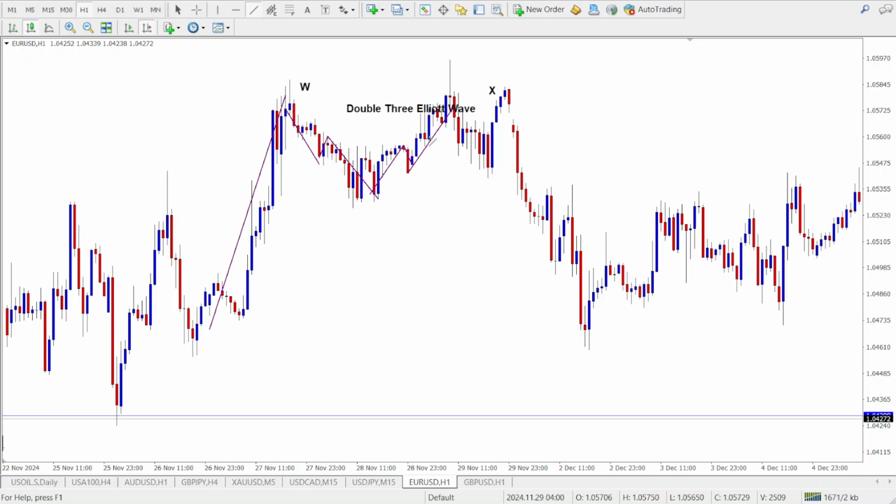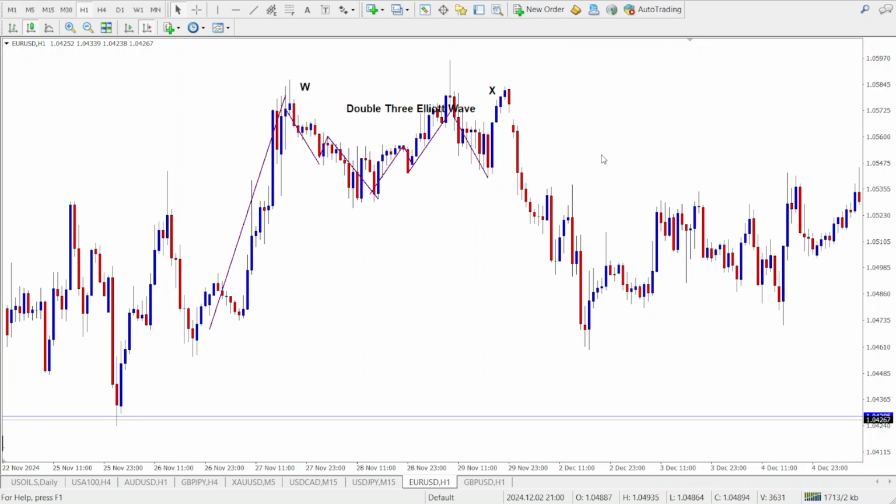As you can see, compared to the initial wave, this is even a smaller corrective wave. It essentially acts as a temporary pause or a continuation of the market before the second correction starts.